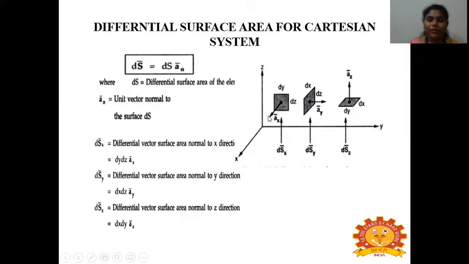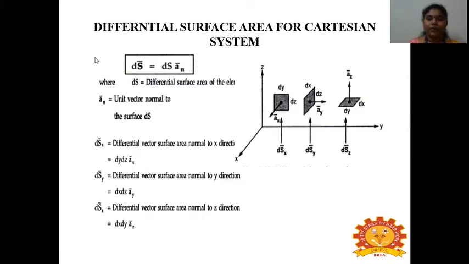That unit vector will always be normal to the remaining two planes, so the surface area is obtained from dy and dz. So the differential surface area normal to the x-axis is dy into dz into ax vector.